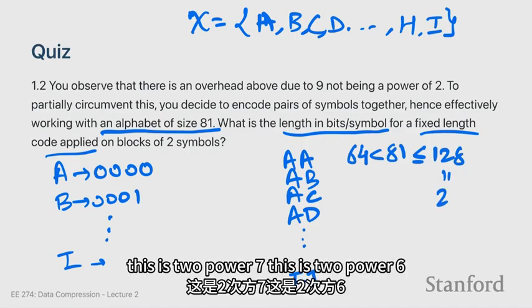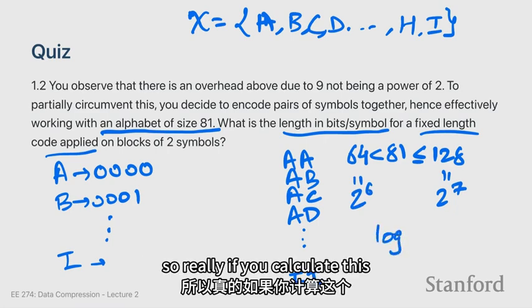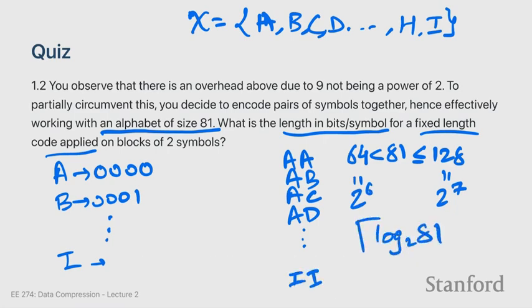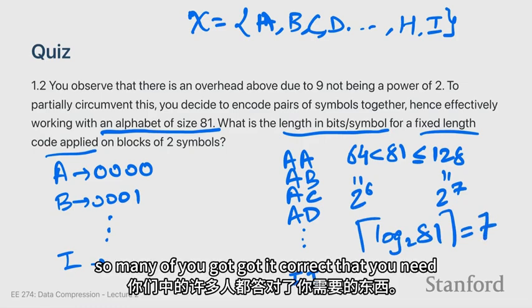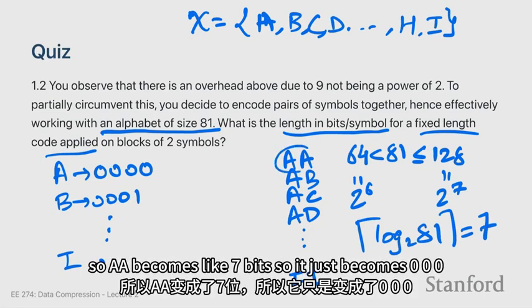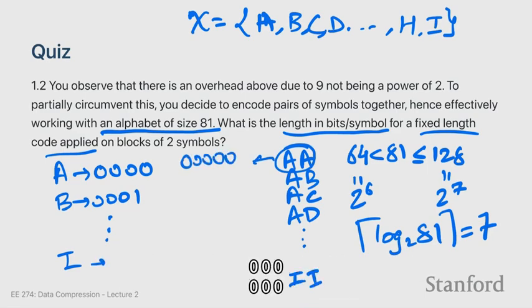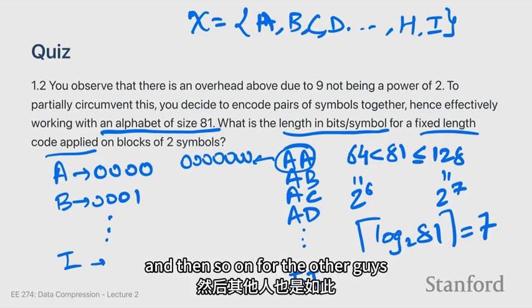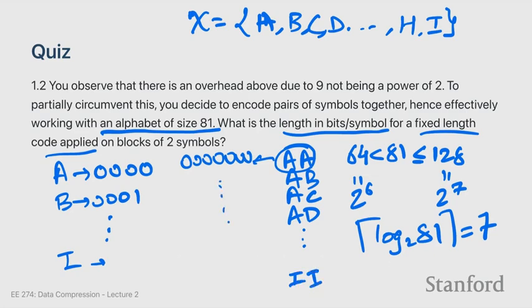This is 2 power 7, this is 2 power 6. So really, if you calculate this, it will be 7. So many of you got it correct that you need 7 bits to represent this pair, right? So AA becomes 7 bits, 0000000, and so on for the others.